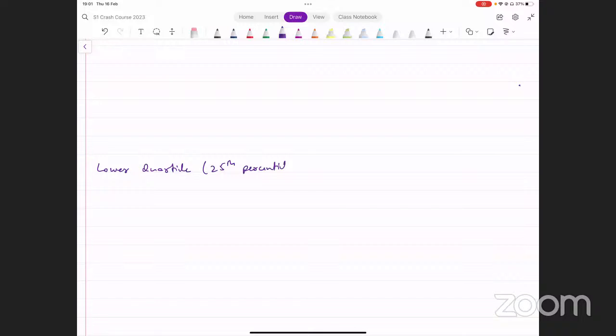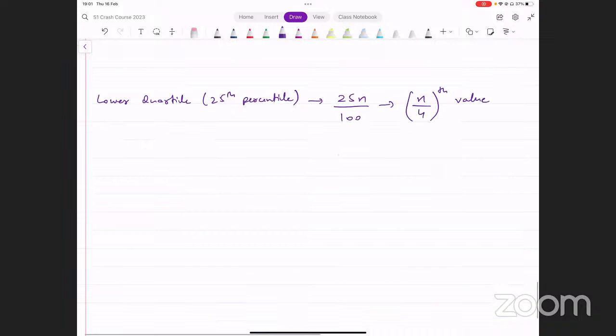If you had to find the lower quartile, you would multiply the number of values by 25, divide by 100, or in other words, n over 4. The value at this n over 4th position is your lower quartile. That's the formula that you used earlier.